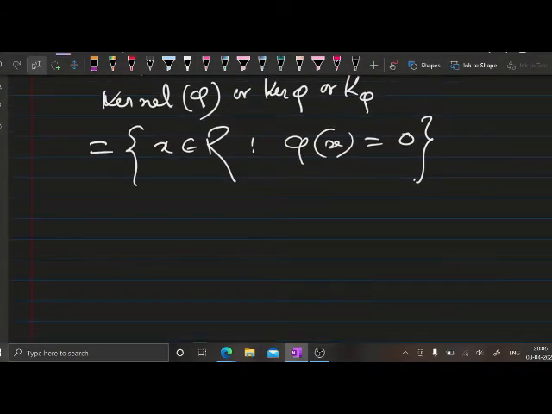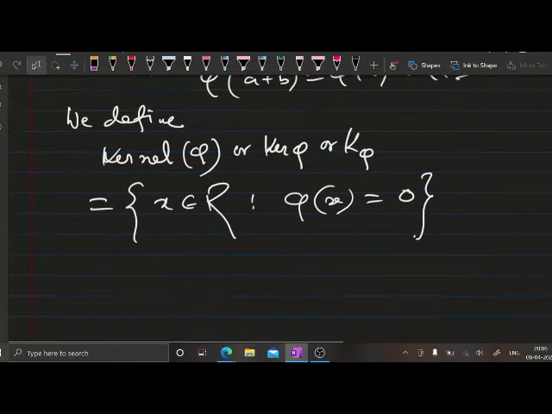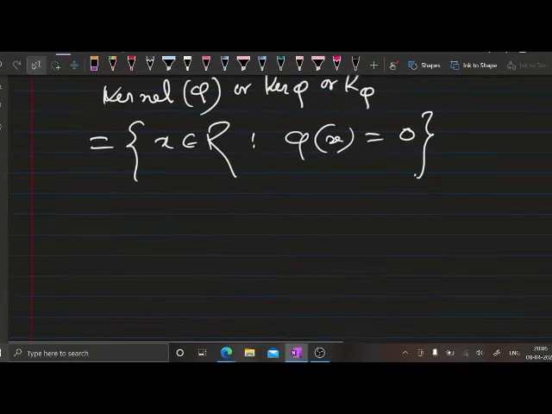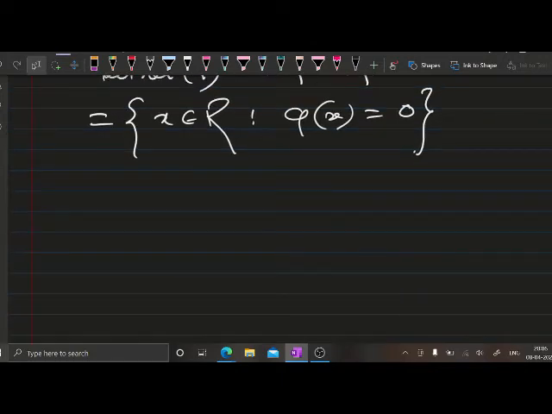As we have already proved in the group theory course, the kernel of a group homomorphism is a normal subgroup of the domain group, right? In the same sense we can prove here that the kernel of a ring homomorphism will firstly be a subring of the ring R. So let x, y belong to K phi.